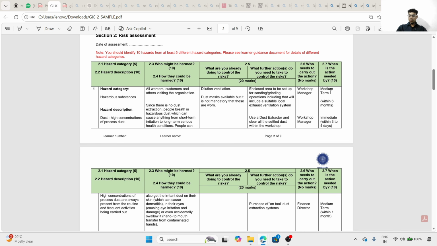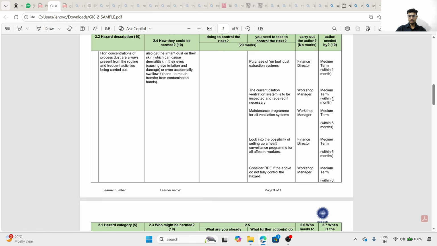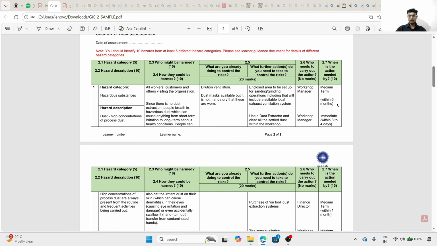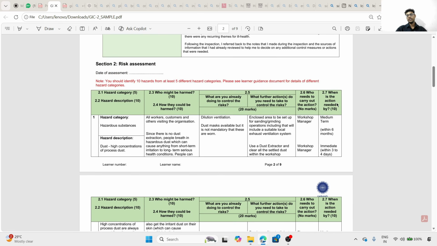Now understand terms like medium and so on. When there is a safety issue that has the potential to cause a threat to life, which means if someone has a chance of being injured today, then the action must be immediate. When such a danger is there, you have to put immediate.